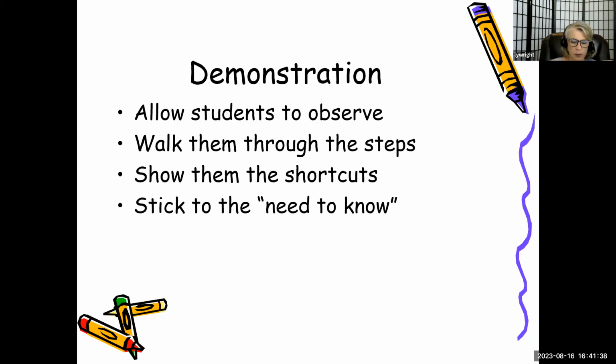So helping them understand the whys behind your strategies, and some of those shortcuts that you might take, and helping them simplify and stick with the need to know. Sometimes we want to dump everything we know into them, and we need to stick with the need to know and build from there.